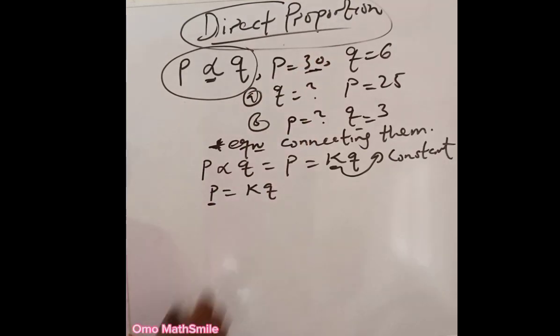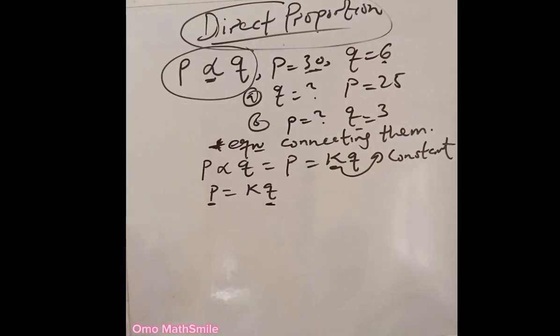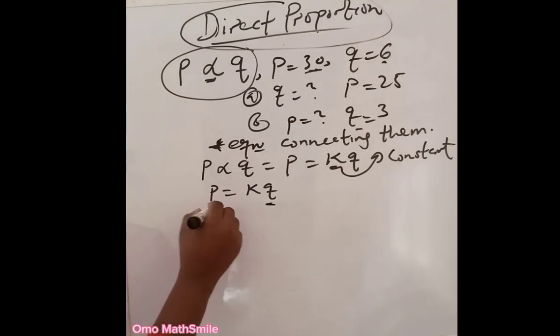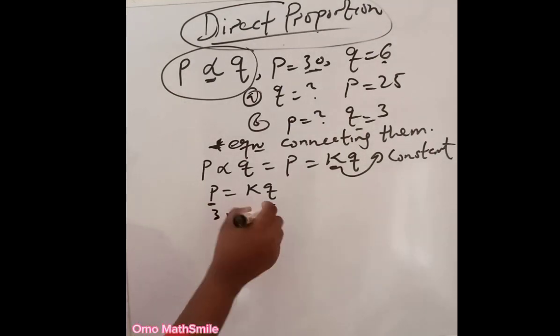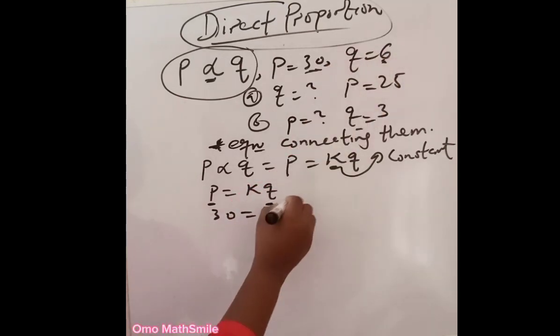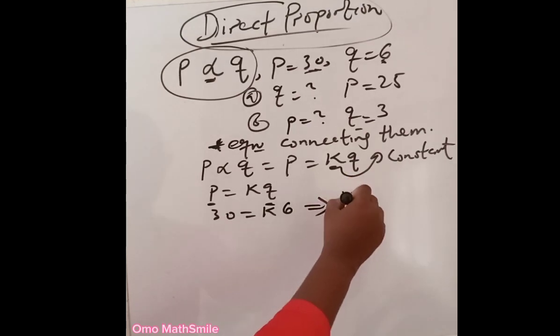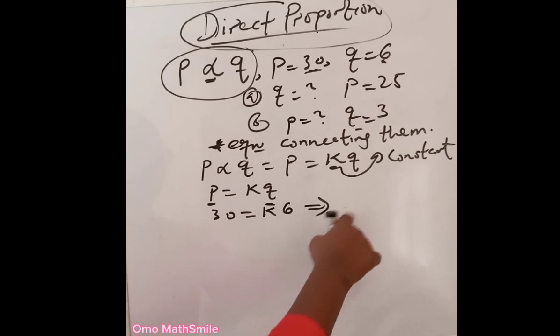From the given question, we are told that P equals 30 and Q equals 6. So we need to determine the value for K. P equals 30, we are substituting now, K is constant and we have Q equals 6.